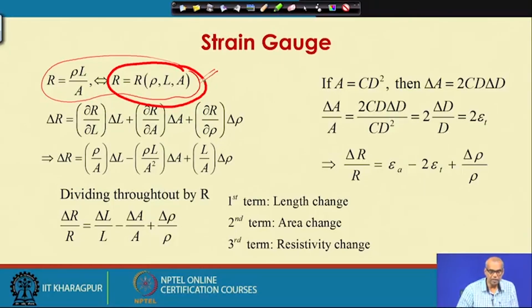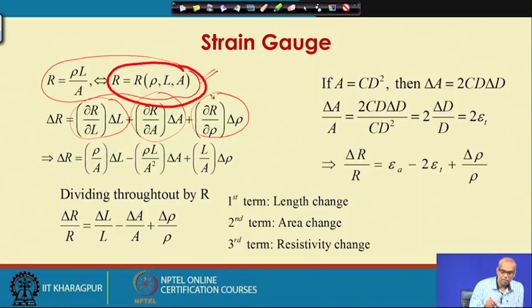So, delta R by delta L into delta L plus delta R by delta A into delta A plus delta R by delta rho into delta rho. So, this represents the change in resistance due to change in length, this represents the change in resistance due to change in cross sectional area, and this represents the change in resistance due to change in resistivity of the material.